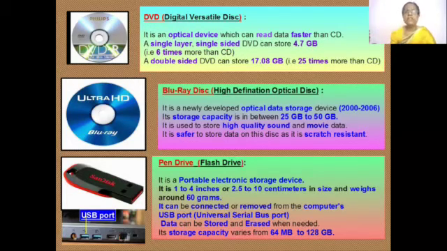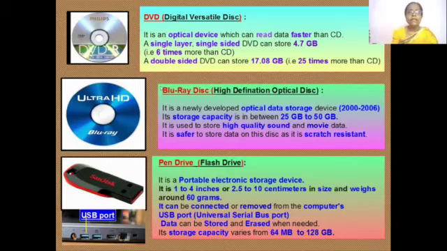It's an optical disc as usual. It can read very fast, and it has a single layer, only one single side, and it can store 4.7 GB. That is six times more than the CD, which is only 700 MB. So it can store six times more.